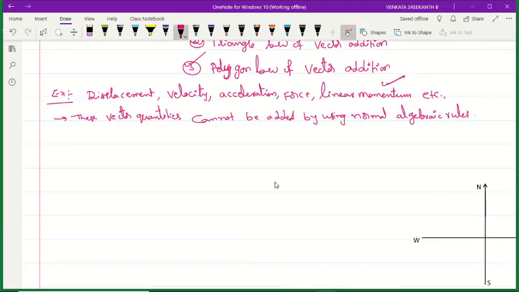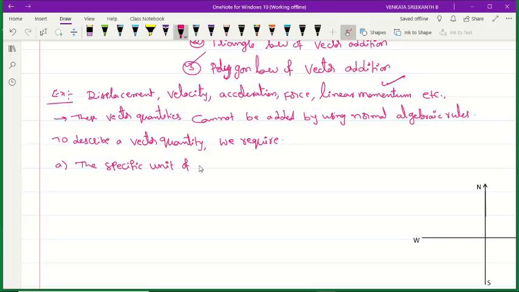Next point. To describe a vector quantity, we require the specific unit of that quantity, and the number of times that unit is contained in the quantity.